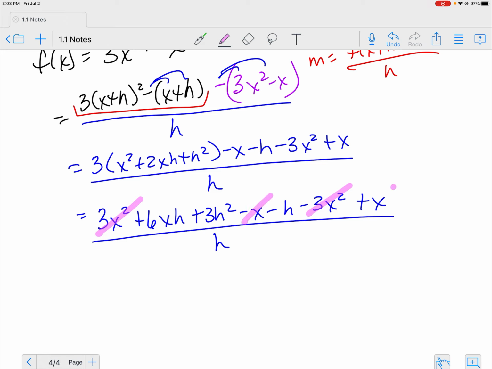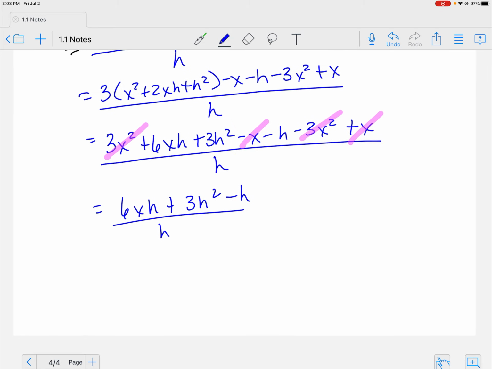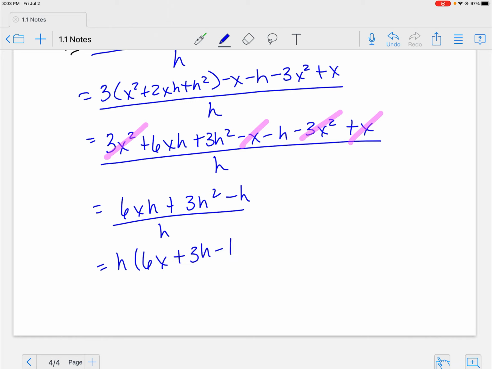Plus 3x squared minus 3x squared cancels. Negative x, positive x cancels. We don't have any other like terms. So let's see what we've got. 6xh plus 3h squared minus h. Look at what the top has. Yeah, factor out that h. And the beauty of that, because our goal is to get this h from being multiplied in that denominator, is that the h cancels out.